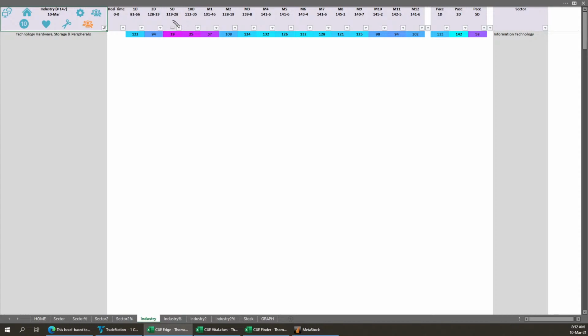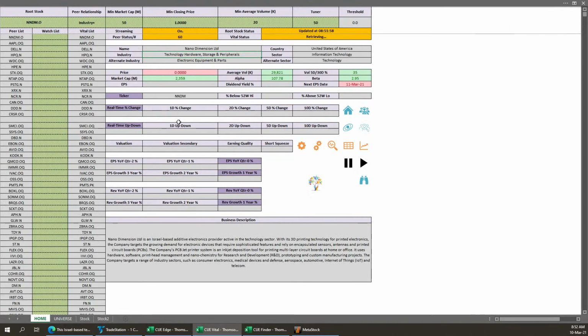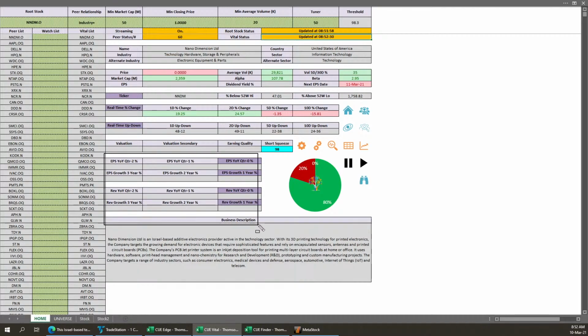Industry was weak in the middle and then it strengthened. Base columns are showing acceleration. So the industry allows me to buy, and it is retrieving data from Refinitiv. Let's give it a few more seconds to calculate the scorecard. Not enough data, so this may be a relatively new stock. No data on earnings growth. Short squeeze potential is there.